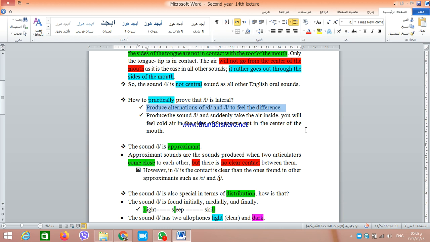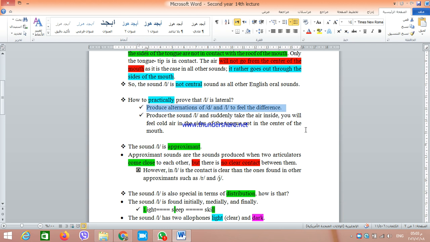While in la, only the tip is in contact while the sides are lowered. Now let's try. Now you can also feel that in the pronunciation of da, there is no chance for the air to go out, while in la, there is a chance for the airflow to go outside the mouth.